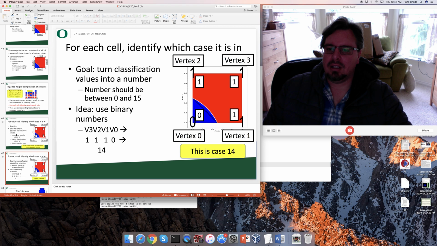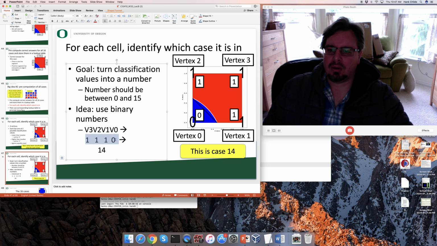And then the idea was to stack those bits up. So you would put the value for V3 at the fourth digit, the value for V2 at the third digit, the value for V1 at the second digit, and the value for V0 at the 0th digit. In this case, we've taken the 1 for vertex 3 and put it there, the 1 for vertex 2 and put it there, the 1 for vertex 1 and put it there, and the 0 for vertex 0 and put it there.